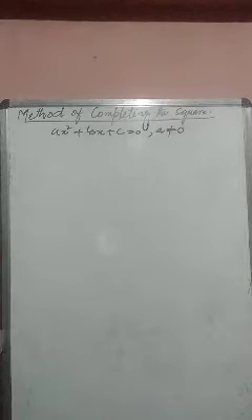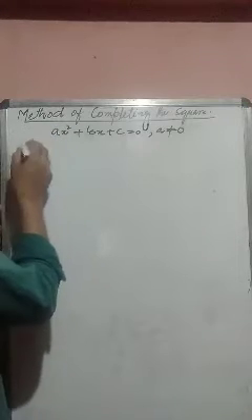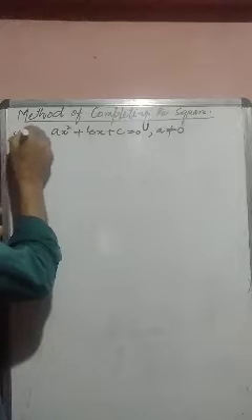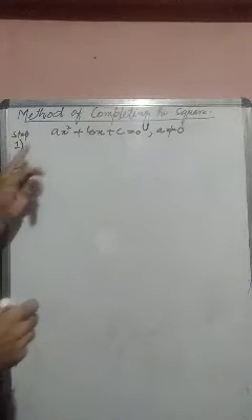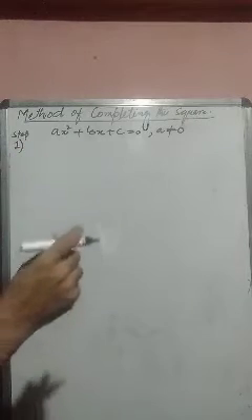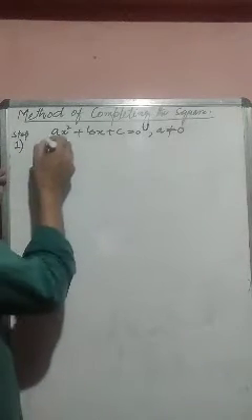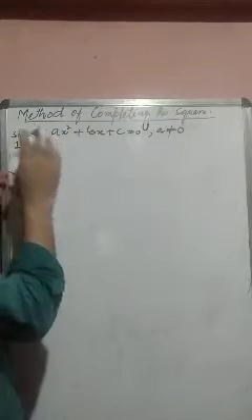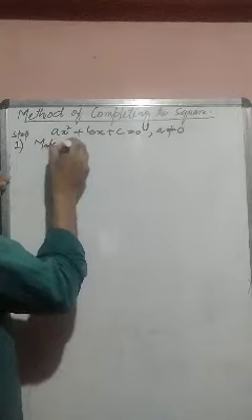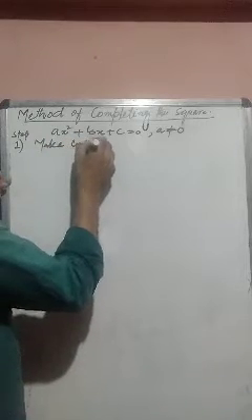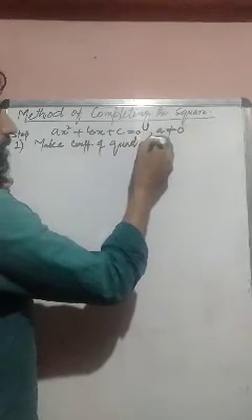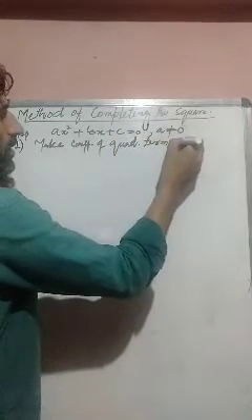Now see here, this method is based on 3 steps. Step first is to make the coefficient of the quadratic term unity.